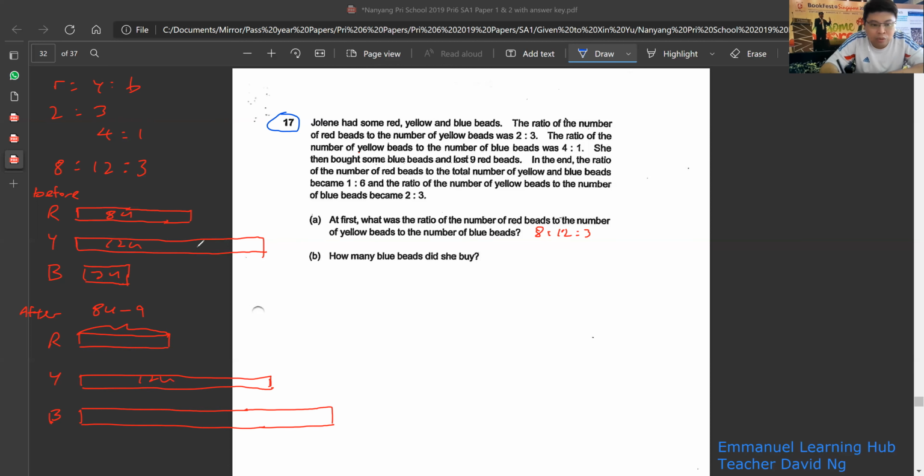The number of yellow is constant throughout the story. Then red to total yellow and blue is 1:6.